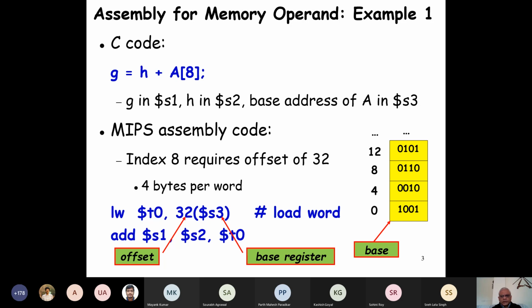Those who are interested can download the MIPS simulator called SPIM, S-P-I-M, which is MIPS written in the reverse way. You can download it on your laptop, it doesn't take too much space. You can write assembly programs and run them.